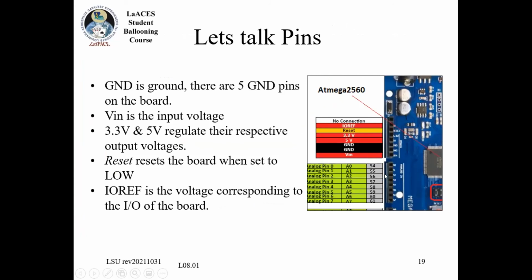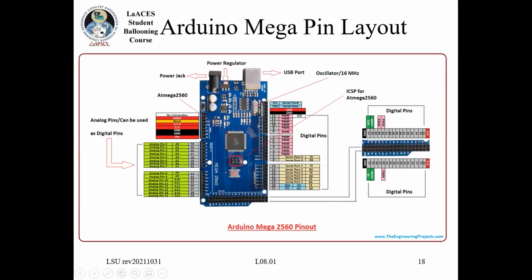So again, here's your power block right here. There is also this reset pin, which is not really used directly. You have the reset button here, and what that does is, if you connect this reset pin to ground, it just restarts the Arduino.